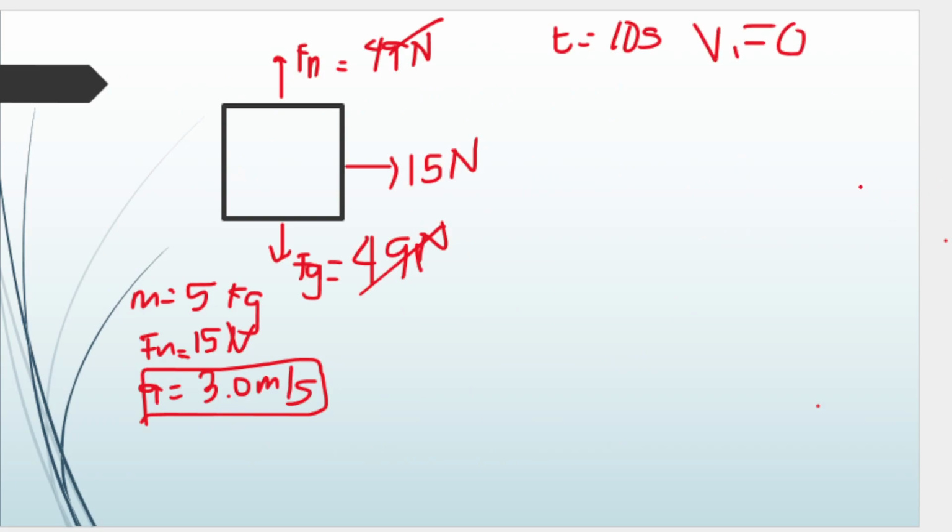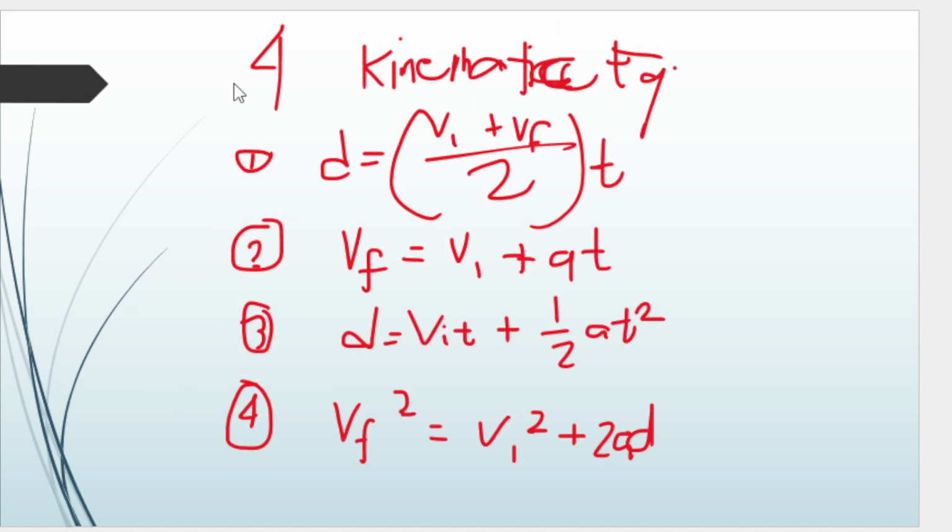Okay, so we have to find the displacement. With acceleration, time, and initial velocity, we can use the third kinematic equation. So we have the displacement, initial velocity, time, and acceleration.